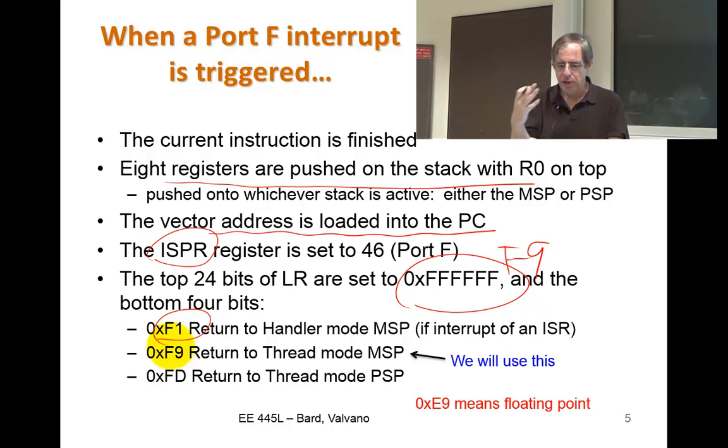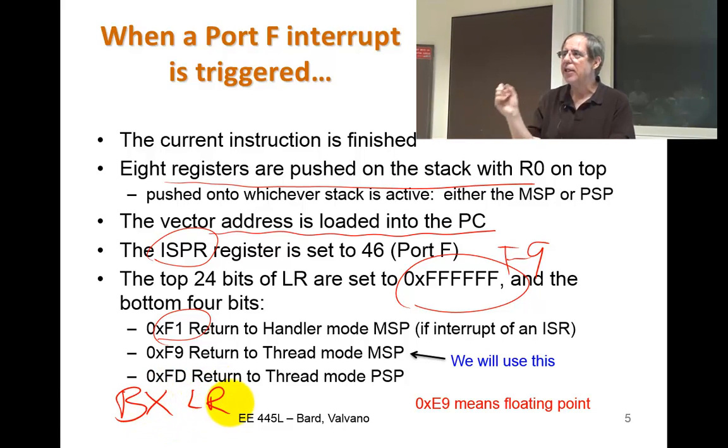And this whole thing is helpful for what we saw previously, the fact that the BX LR instruction does what? What does this instruction do? Return from what? It is either a return from subroutine or a return from interrupt. And so if the link register has FFFFFFF9 in it, it's a return from interrupt, and it will pull all those registers off the stack.